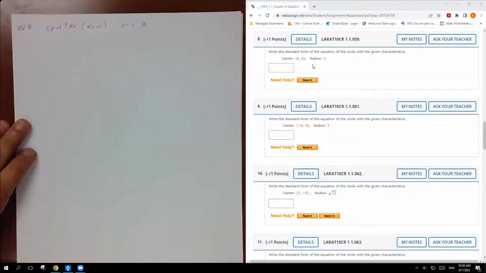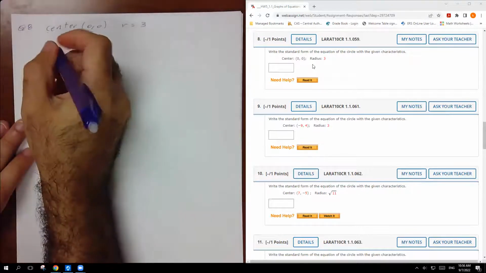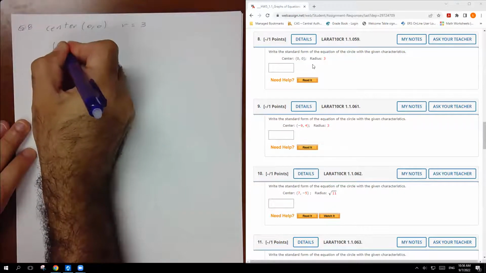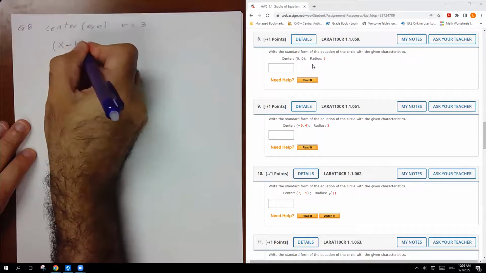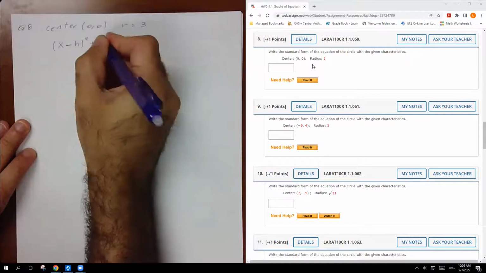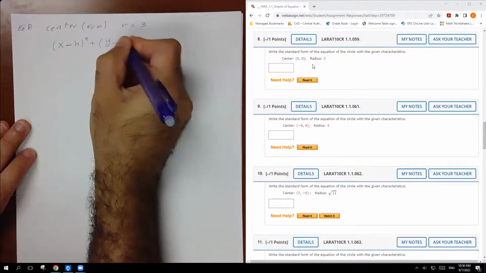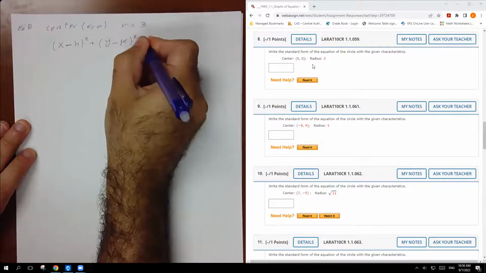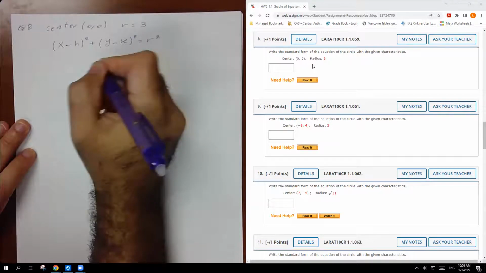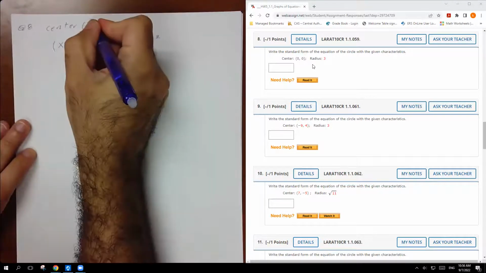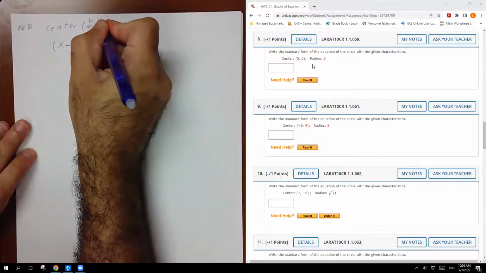So we're going to write down the formula for the circle. It's going to be (x minus h) squared plus (y minus k) squared equals r squared. This is the center, that means this is h, here's k.